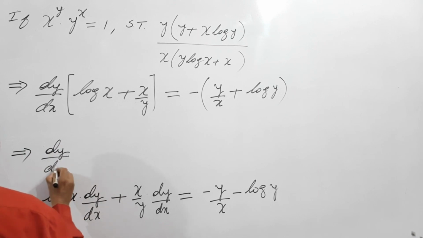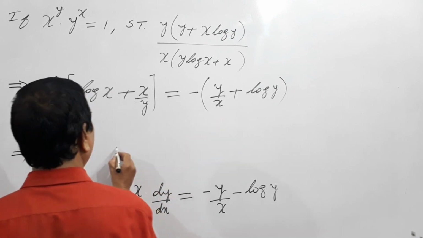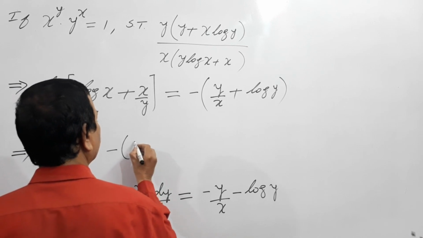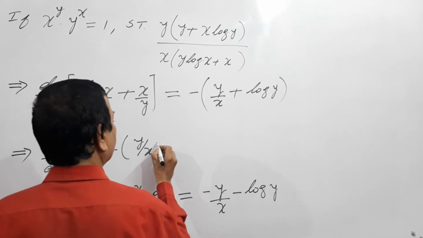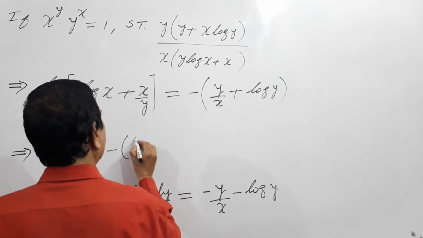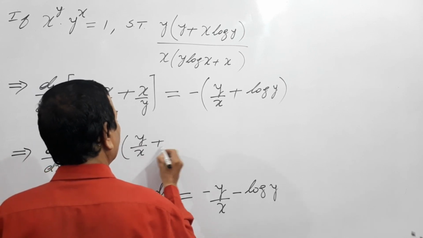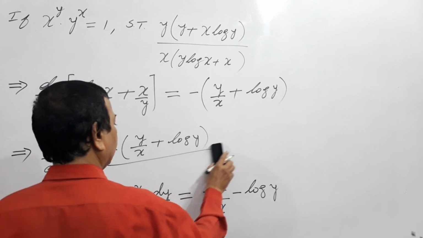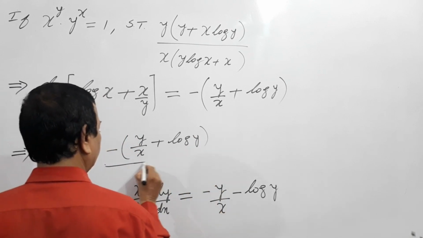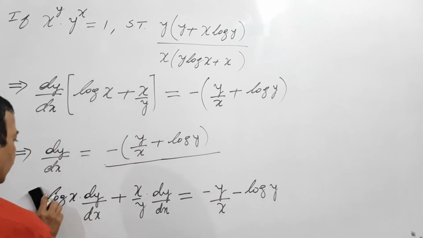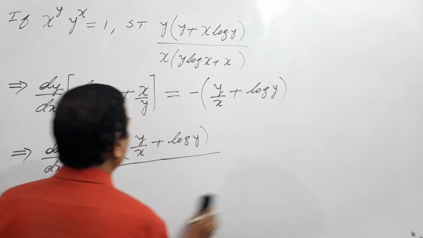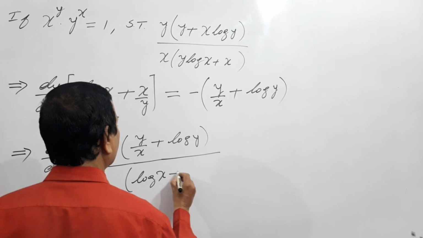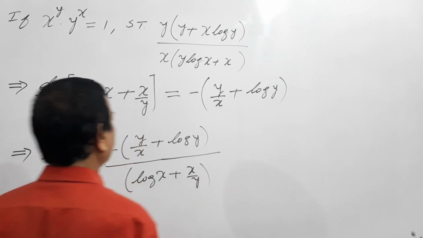Dy by dx equals to, first I'll keep the portion above, minus that is y by x plus, okay, I'll write same way, that is y by x plus log y divided by this portion, that becomes what? Log x plus x by y.